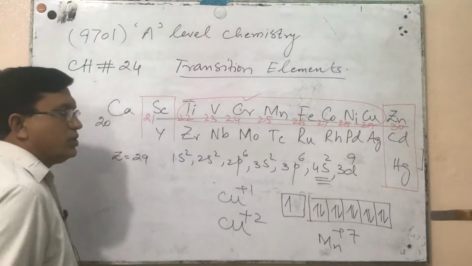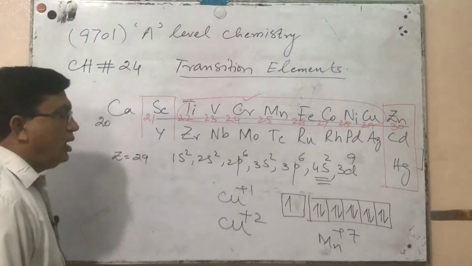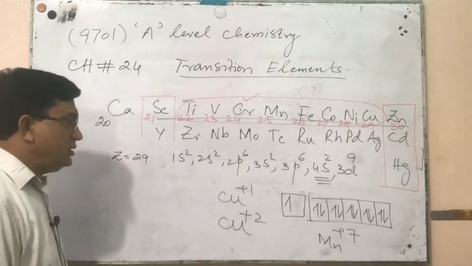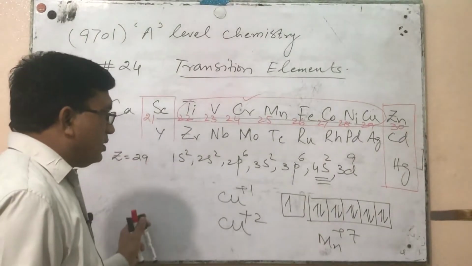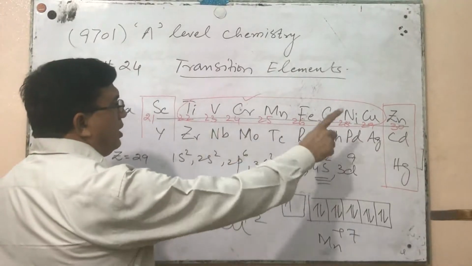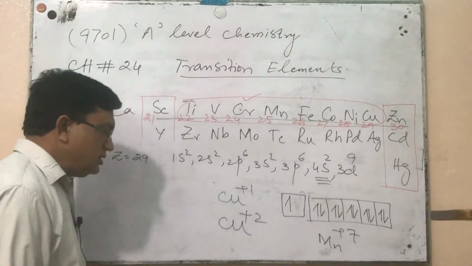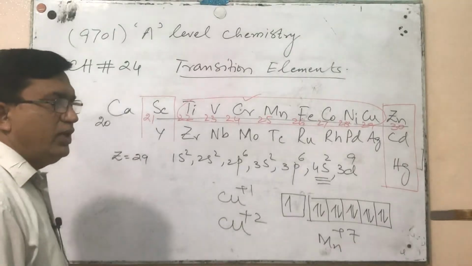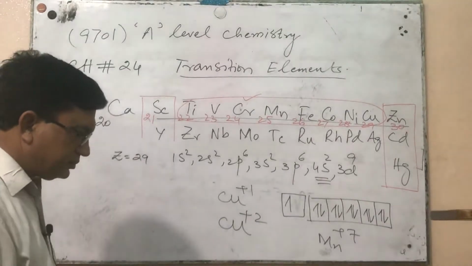But in the case of Cu positive 2, it becomes a typical metal. These are the different oxidation states of the ions produced by all these typical transition metals and the electronic configuration they attain.